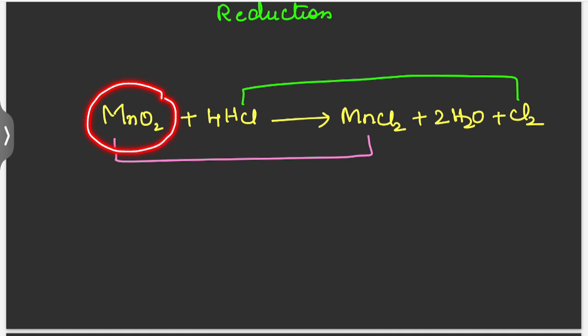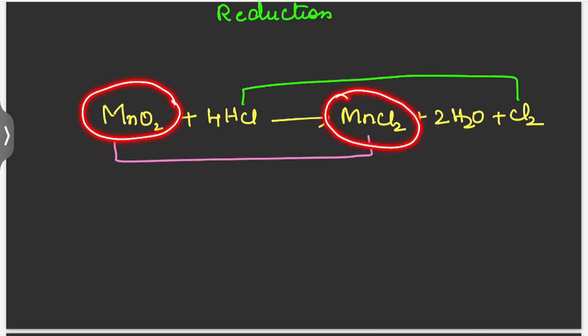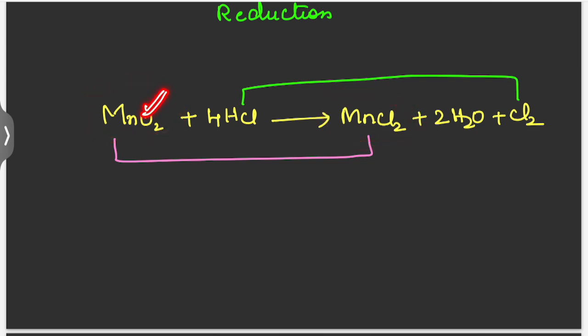MnO2 is converted into MnCl2, that is, manganese oxide is converted into manganese chloride. Oxygen is present here, but you can see oxygen is removed when it is converted into manganese chloride. Removal of oxygen is called reduction.